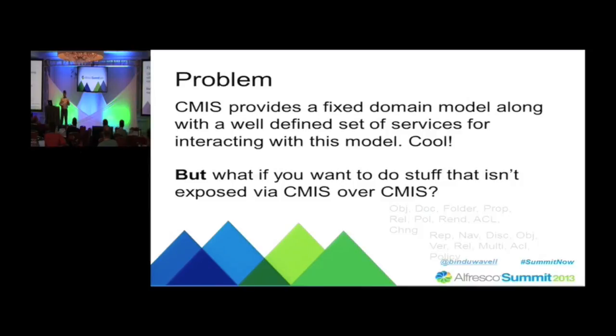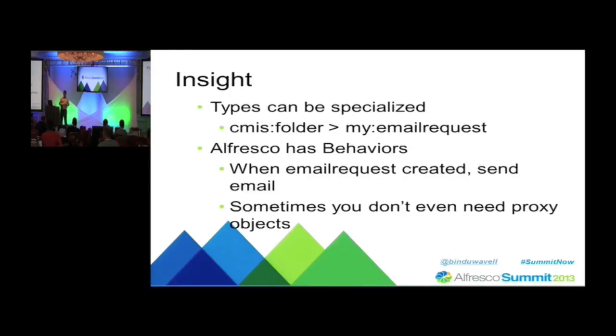So we had an insight: you can define custom types, and on those types you can have custom properties, and then in Alfresco have behaviors that act based on the type of a document and the properties on those documents or folders.